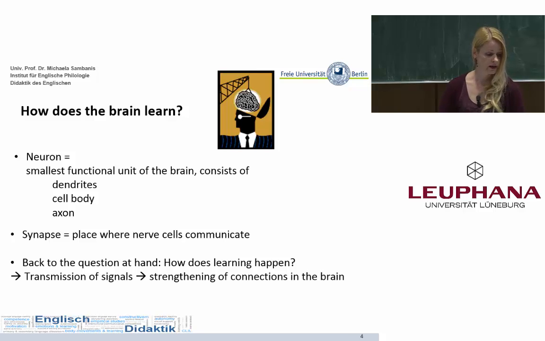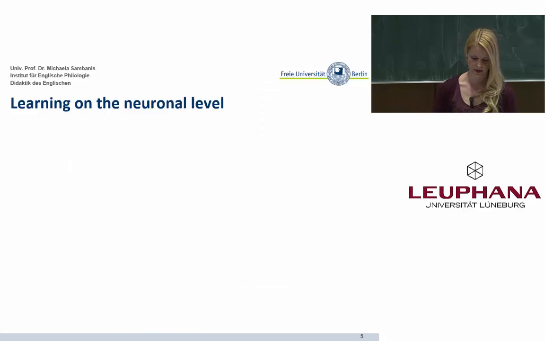How does learning happen? Learning means transmission of signals, strengthening of connections in the brain. So that's where and how learning happens in the neurons, by use of pathways in the brain and via communication between neurons. And as this is an important point, let's elaborate a bit.